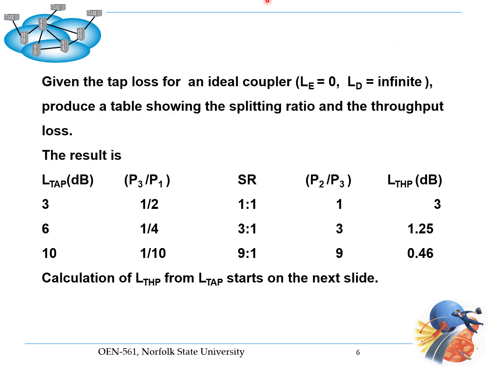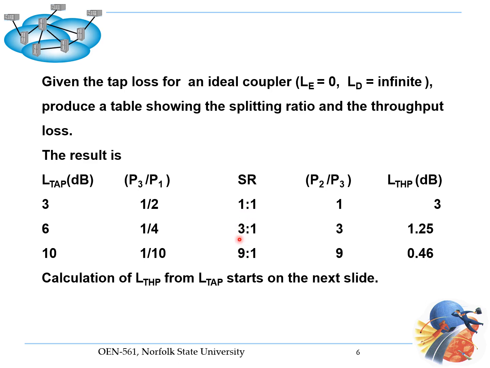We can do similar calculations for a couple of different directional couplers with a different splitting ratio, and I summarize it here for 3 cases. So we start with the central column splitting ratio 1 to 1, 3 to 1, 9 to 1, meaning that here optical power between port 2 and 3 is split 50-50.